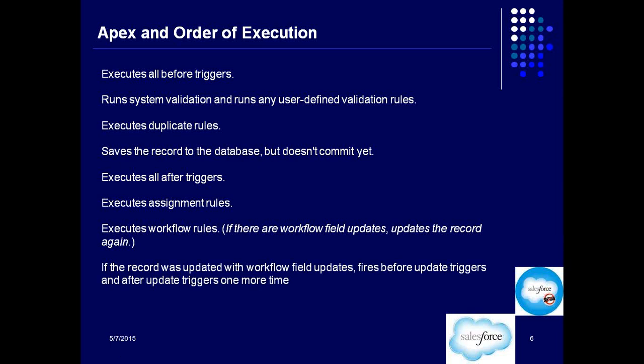If the record was updated with the workflow field update, because the record is being updated again, it fires before update triggers and after update triggers one more time. So the before update trigger, not before insert but before update, will be fired once again, and the after update trigger will also be fired once again, because an update is happening, which is logical.